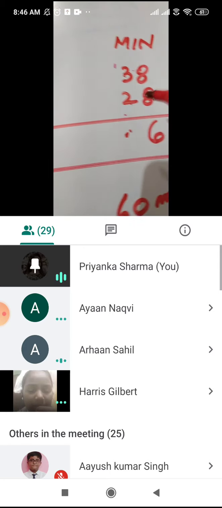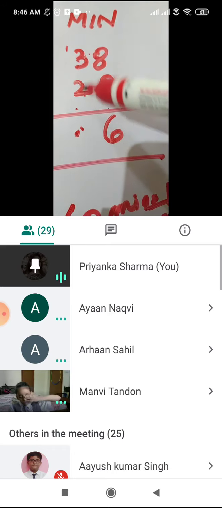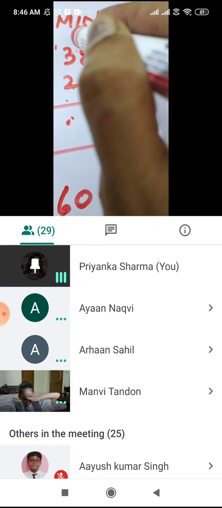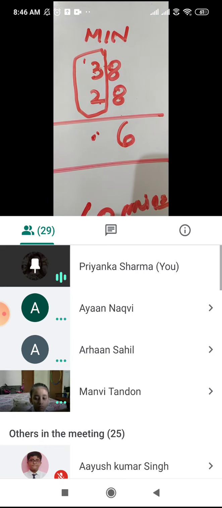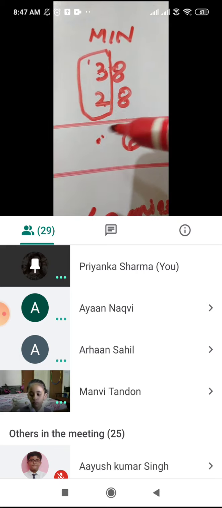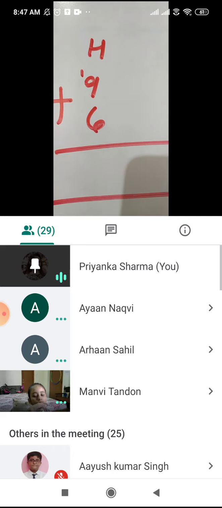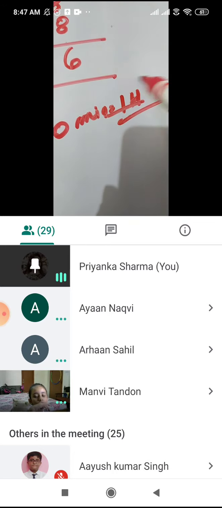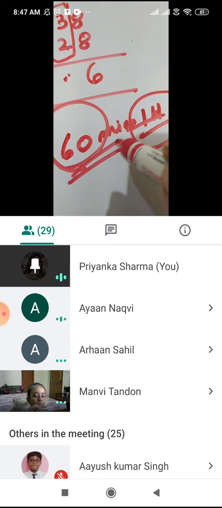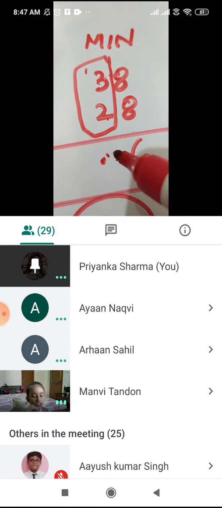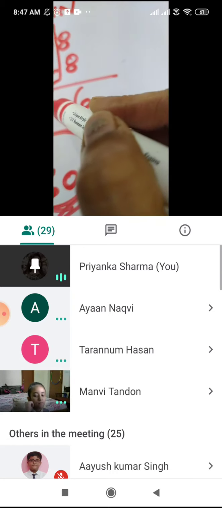Whenever in addition the number is coming 6 or more than 6 in this column, we carry over 1 here. 1 means we are carrying over 60 minutes, because 60 minutes is equal to 1 hour. So here the number is coming 6, that means we have carried over 1.